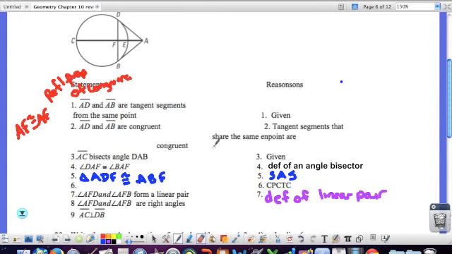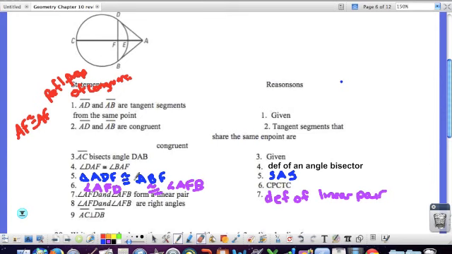Okay? And AFD and AFB are right angles. So we're talking about AFD and AFB twice here, which means here I could say that angle AFD is congruent to angle AFB from corresponding parts of congruent triangles are congruent.